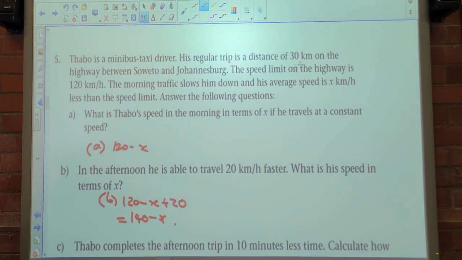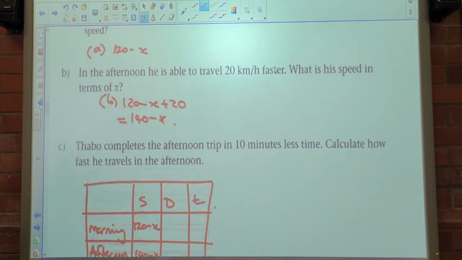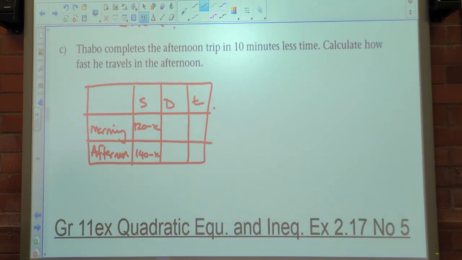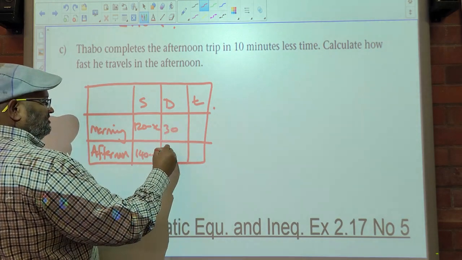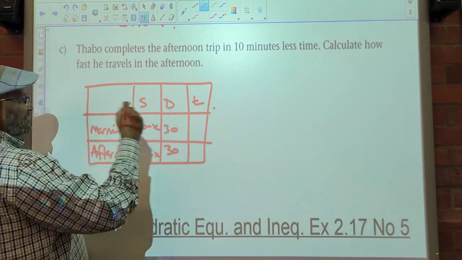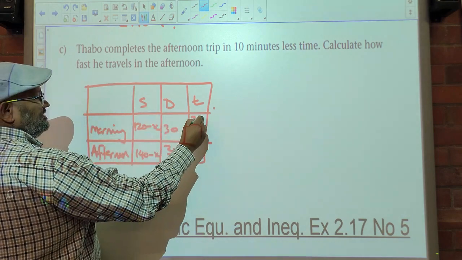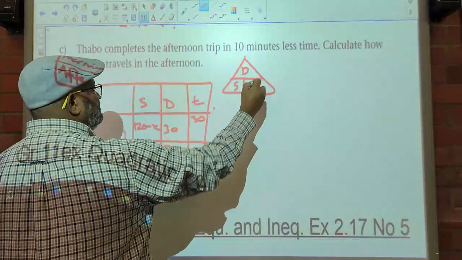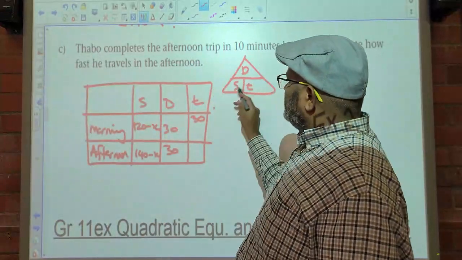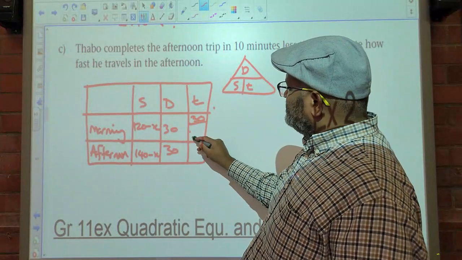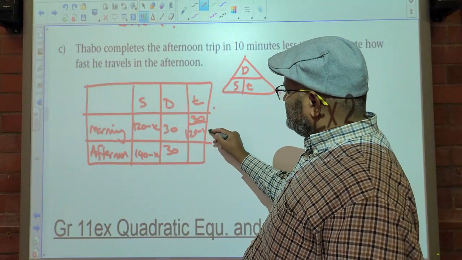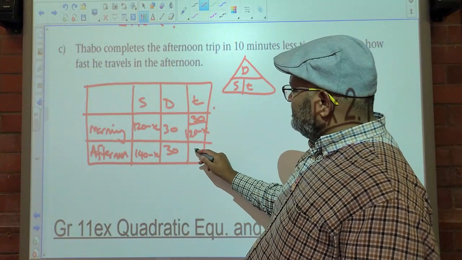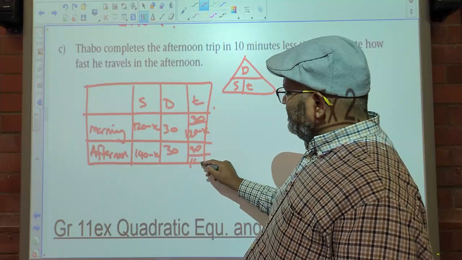So his regular distance is 30 kilometers on the highway, so it's going to be 30 and 30. What is his time taken in the morning? Remember the triangle? DST. The time is going to be distance over speed. So it's 30 over 120 minus X. In the afternoon, it's 30 over 140 minus X.